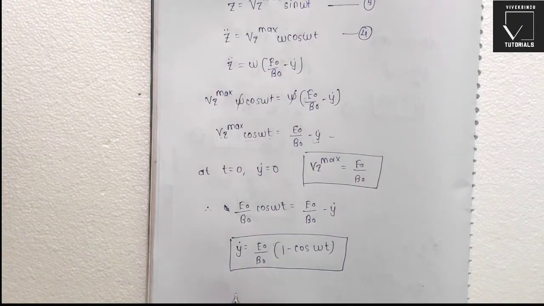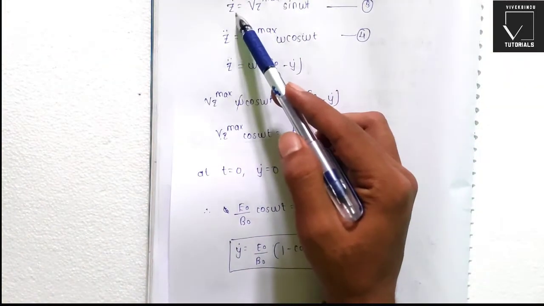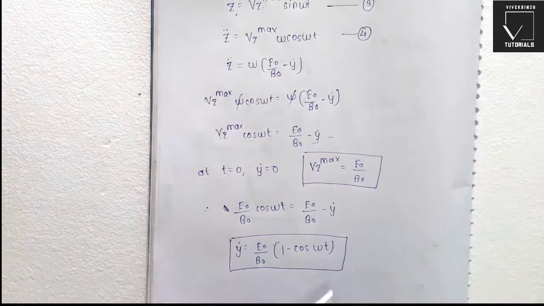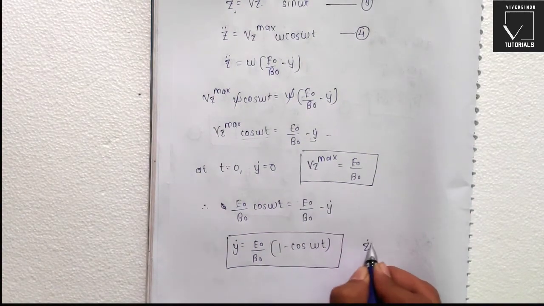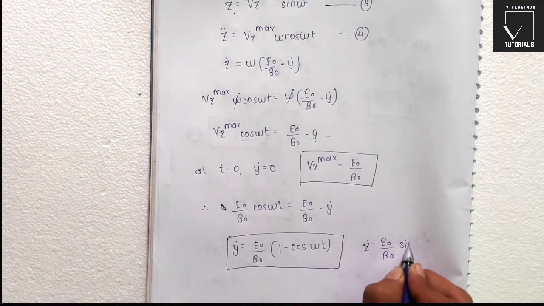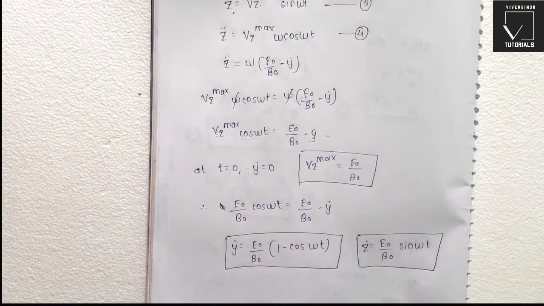So this is the equation for y dot, and now consider the equation for z dot. From this equation, put the value of vz max as e0 upon b0, and we get z dot is equal to e0 upon b0 sine omega t. So we get these two equations, y dot and z dot.